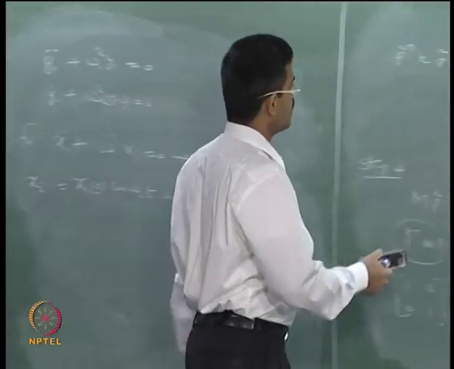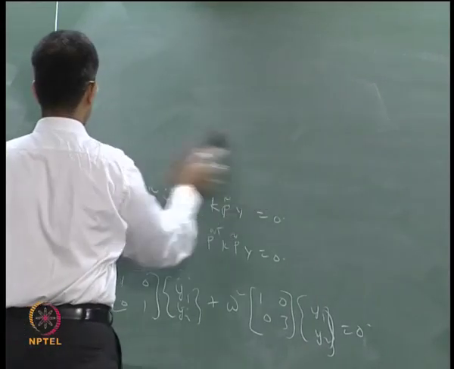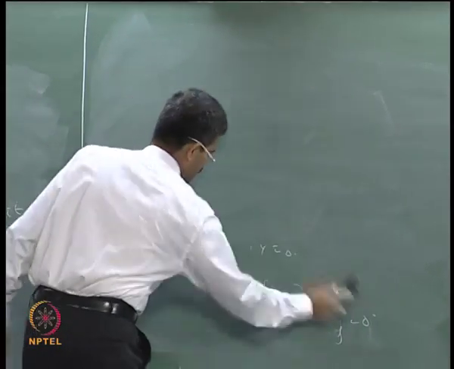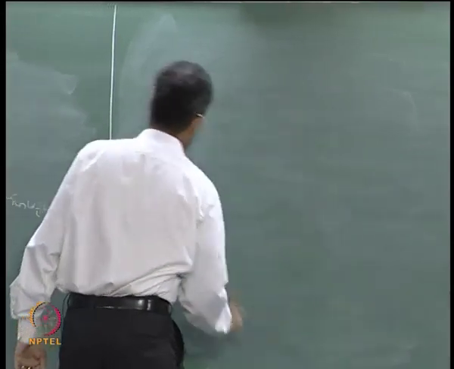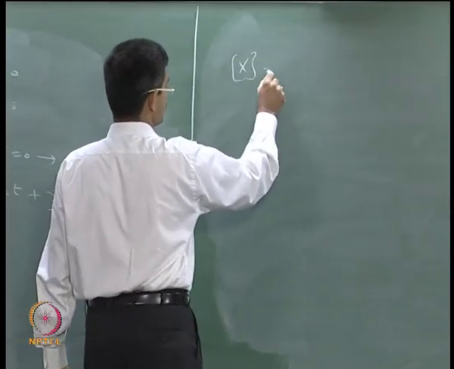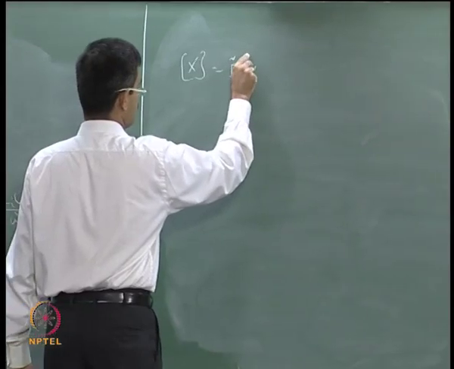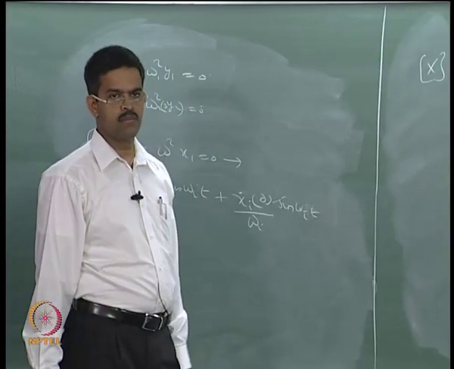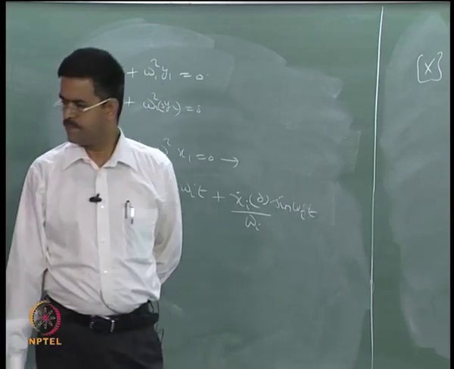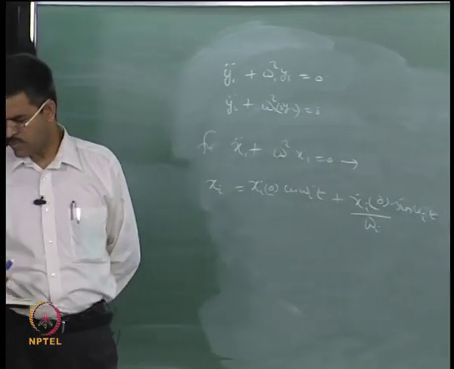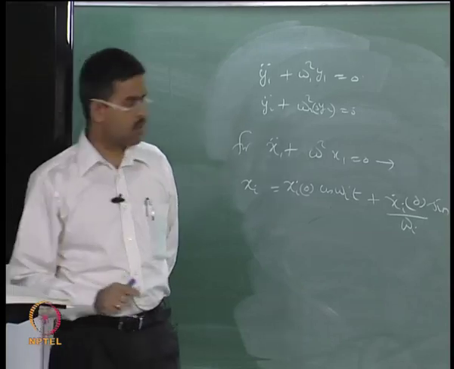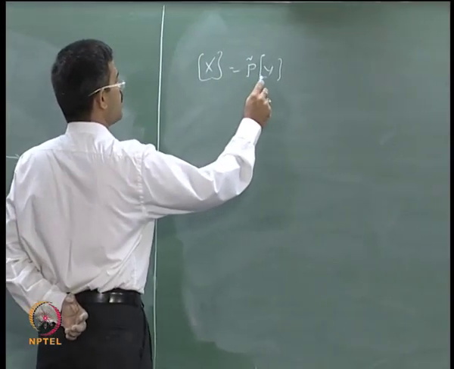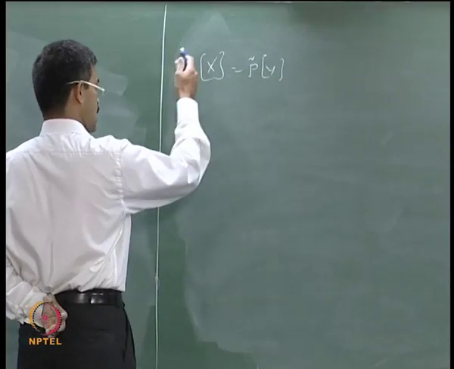Inverse of p tilde, yes. So I already said x is p tilde of y, so you can always find the values of y first as p tilde inverse of x.